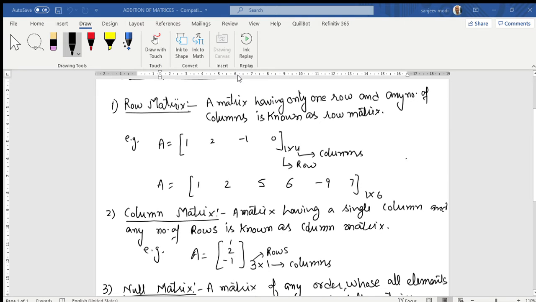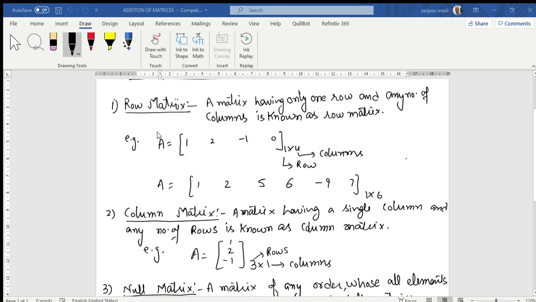Now we come to the trace of a matrix. What does it mean?